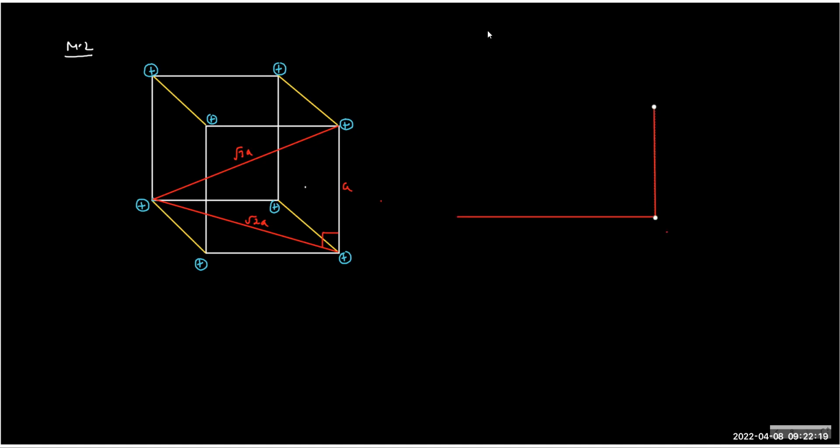Let me change the color of it. So the blue line is representing the body diagonal, and the red one is the face diagonal, and this is the edge.